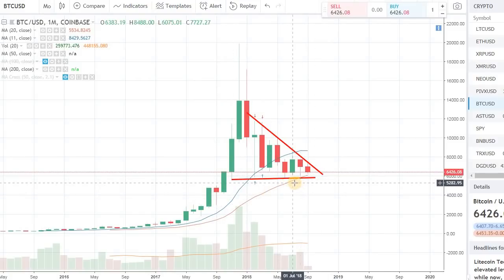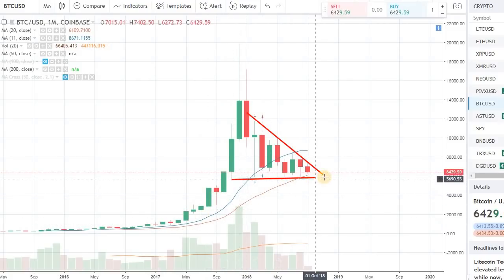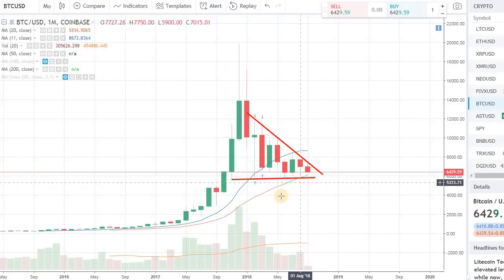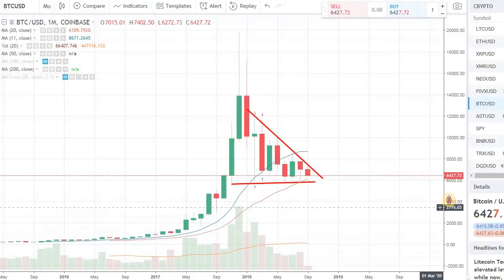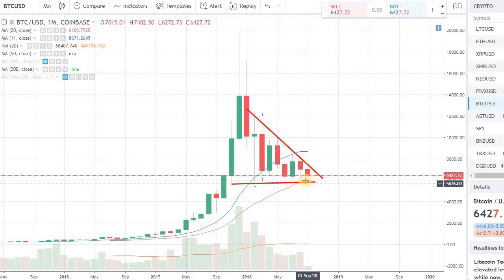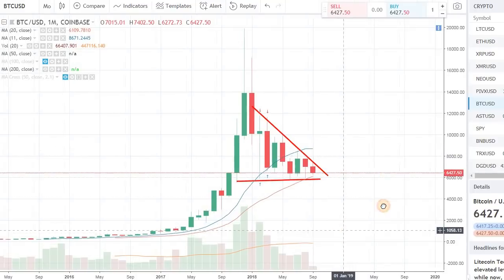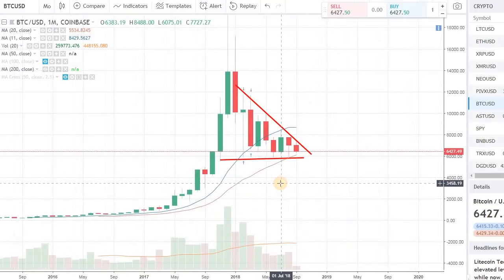What I'm seeing right now on the daily is we are coming to an apex where it will have a decisive move. The major support coming up on the monthly chart is the 20-day moving average, which is right around the 6150 mark. 6150 is the 20-day moving average. That will be a key support for Bitcoin.